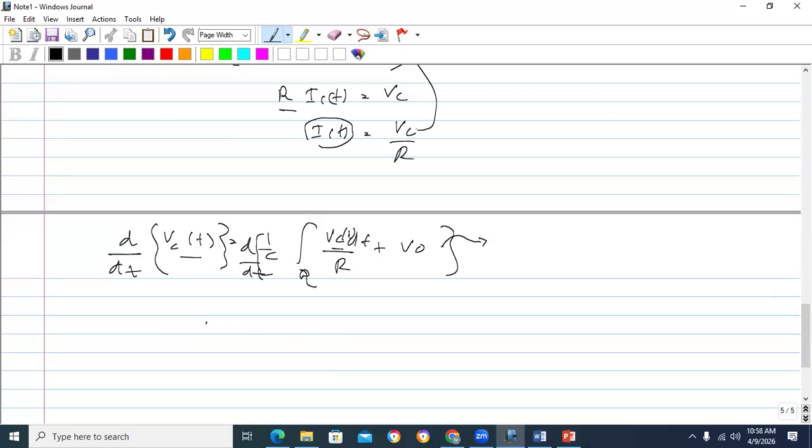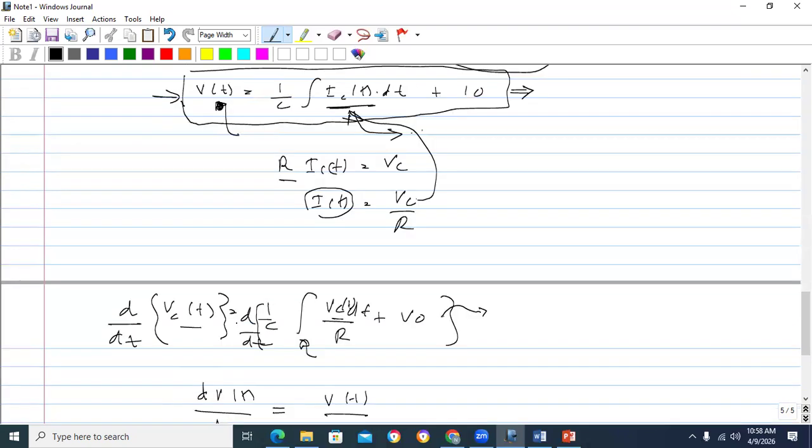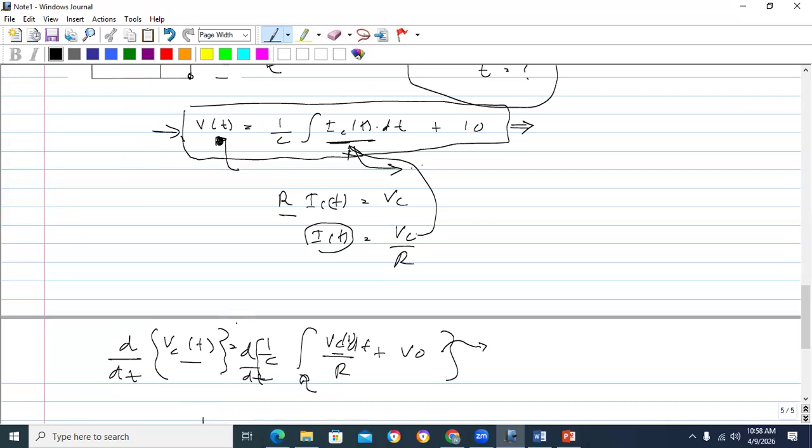So this one will be dVT/dt. Integration and differentiation cancel, so you will have here VT over RC. And this V naught is a constant, that is 10 volt, so its derivative is 0. So this part is not there. So this is the differential equation. There should be a minus now.